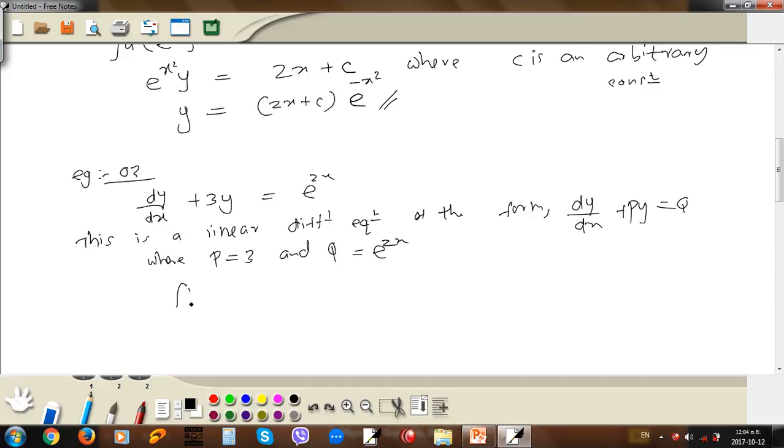Before that we find the integral of P dx equals the integral of 3 dx. P is 3, so that is 3x.